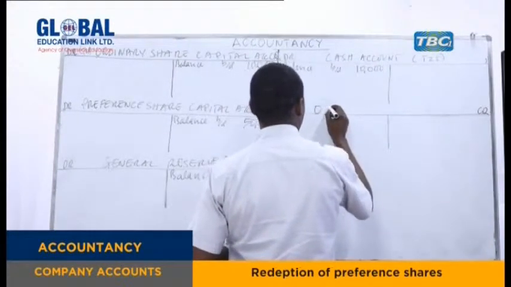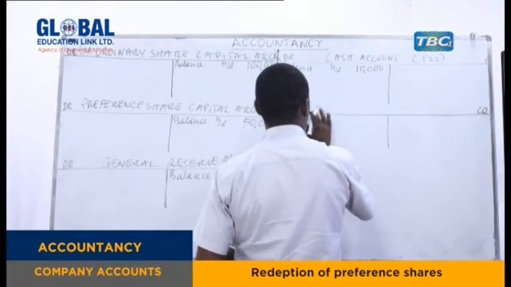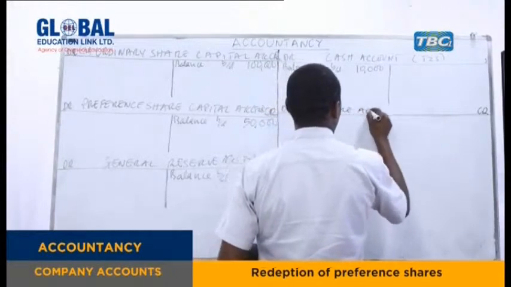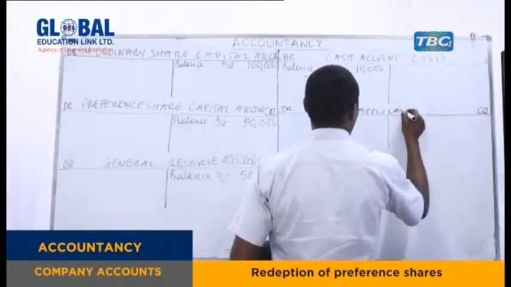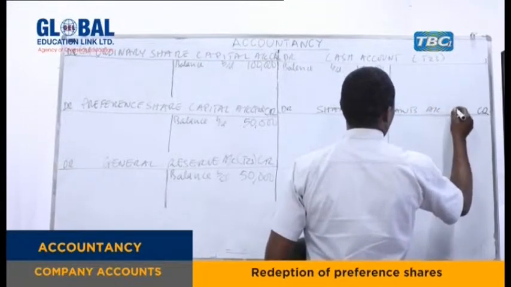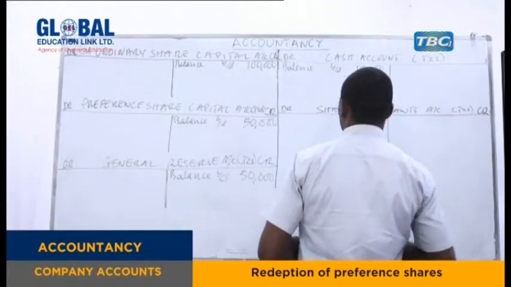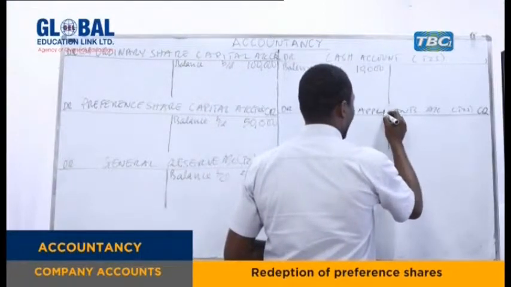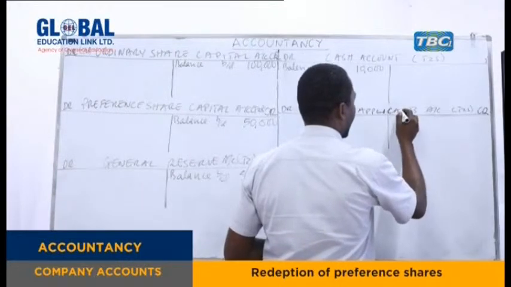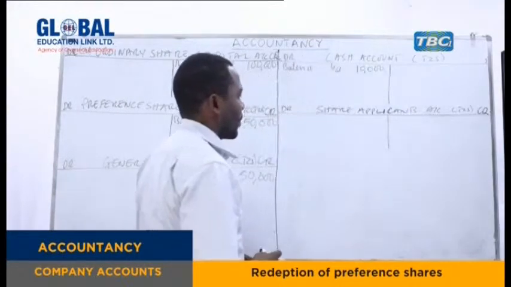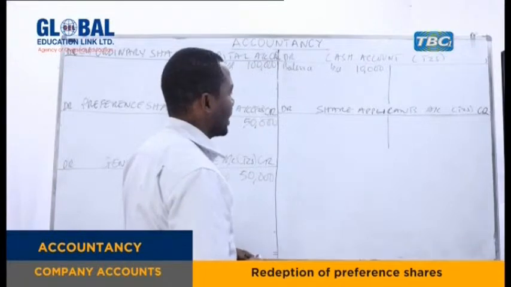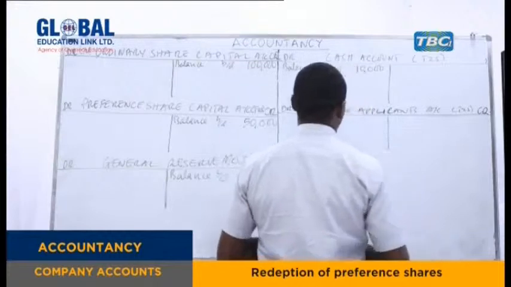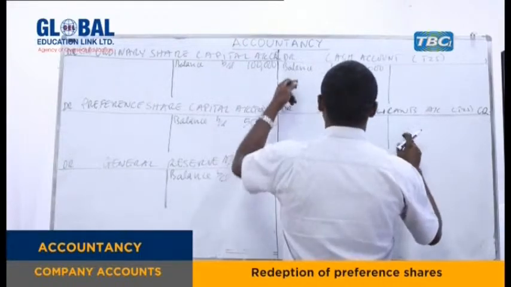We call it the share applicants account. We assume these amounts were paid as a lump sum, so once we receive from them, we credit this account and we debit the cash account.